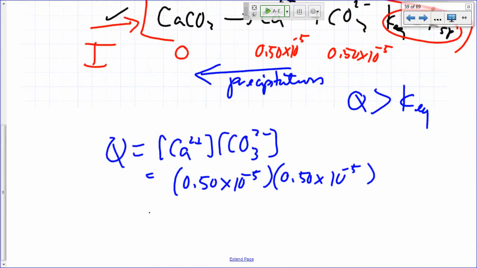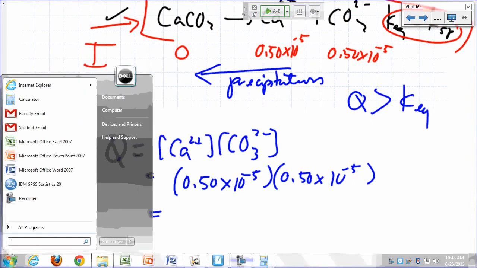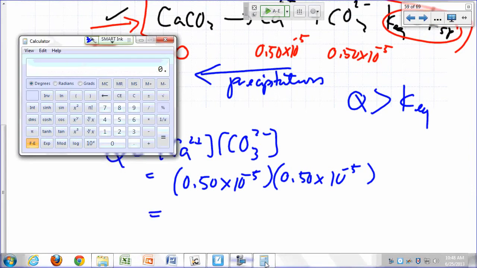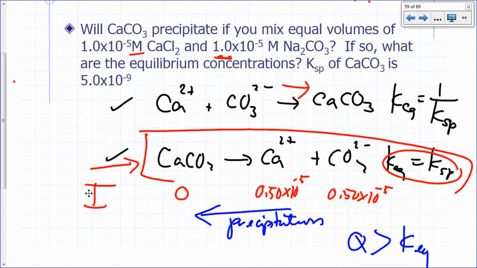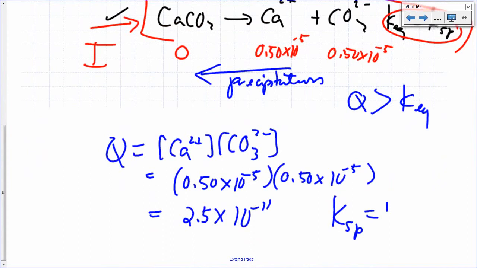And that gives us 0.5 times 10 to the negative 5th, okay, squared, right? It's 2.5 times 10 to the negative 11. Compare that to KSP, which is our KEQ. What's KSP here? 5.0 times 10 to the negative 9.